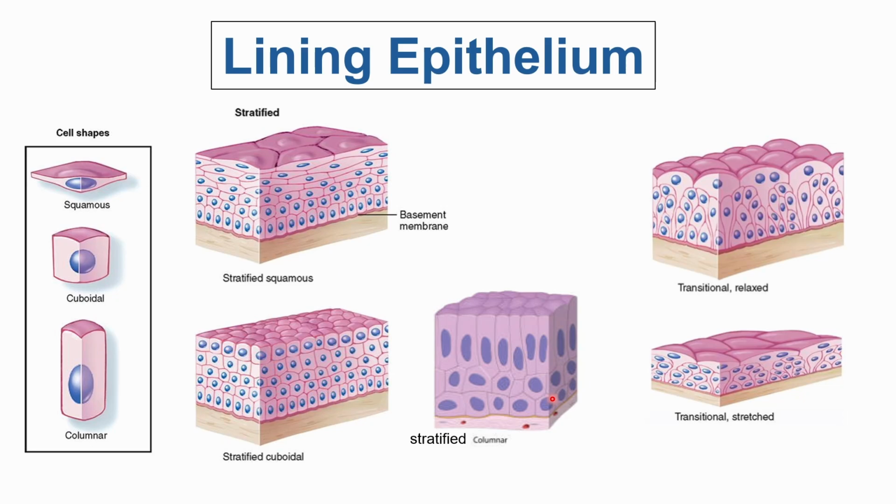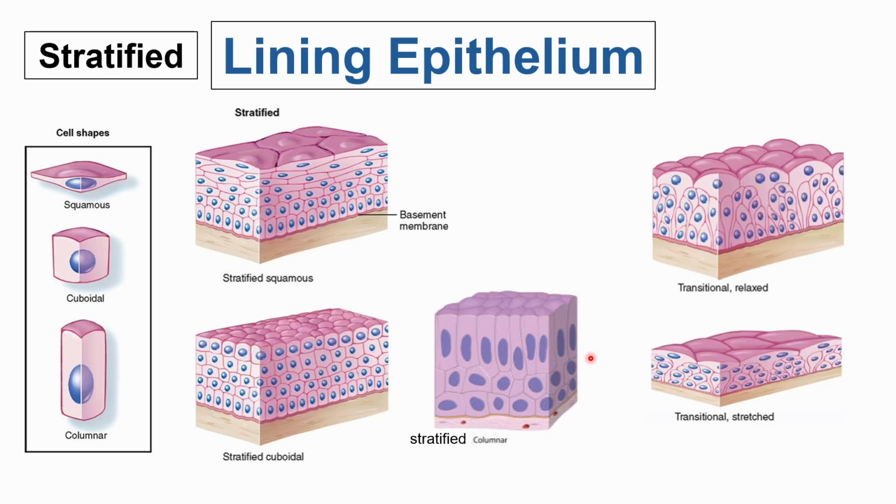So some references would say bistratified, but if you say stratified, it's the same, it's okay, as long as we know that there is more than one layer, wherein other cells are not touching the basement membrane. The stratified columnar epithelium is usually seen lining the ducts of bigger glands. Hopefully we see actual examples of this in the laboratory.